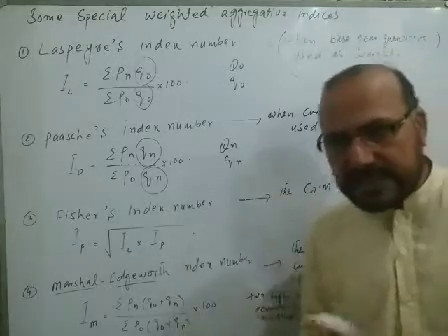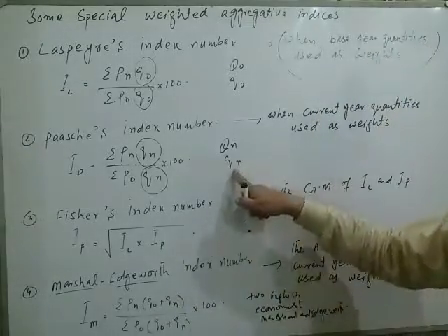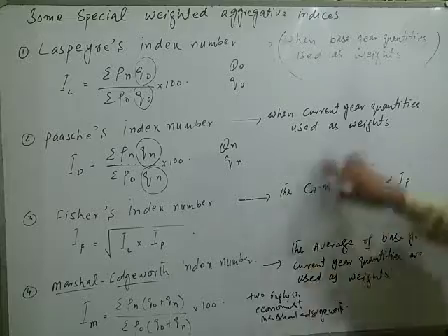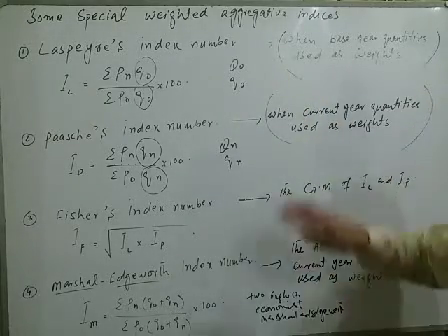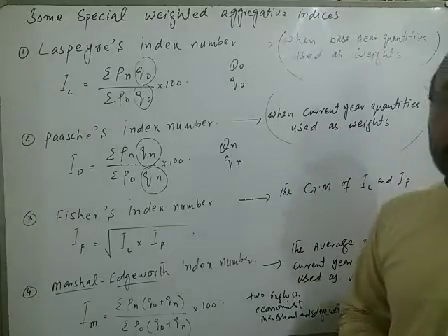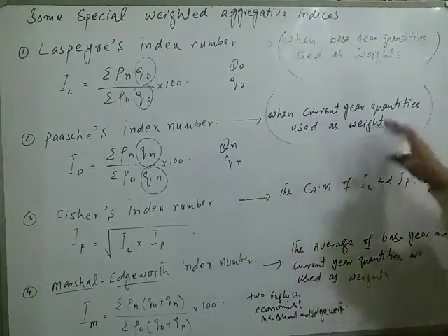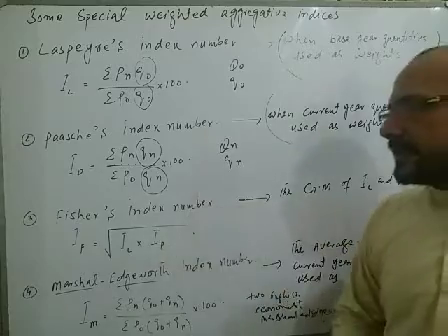So it is very clear that when the current year quantities are used as weights, that is called Paasche's index number.